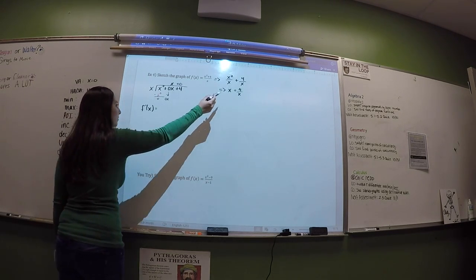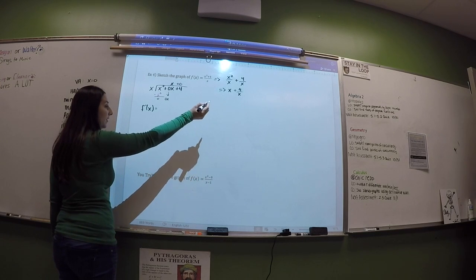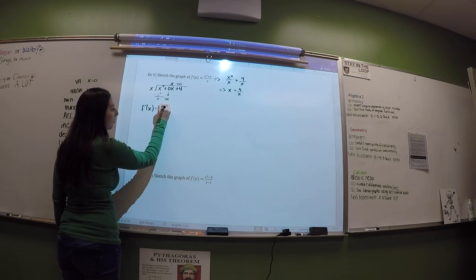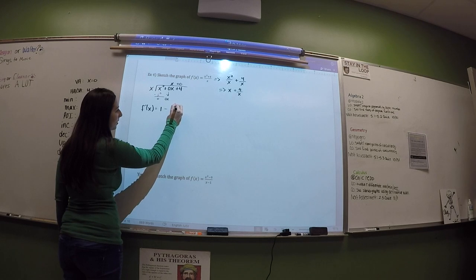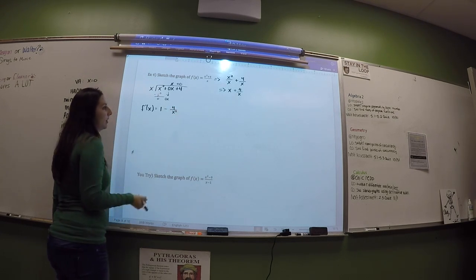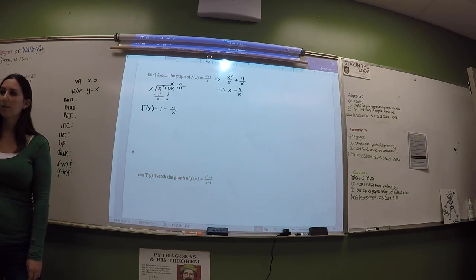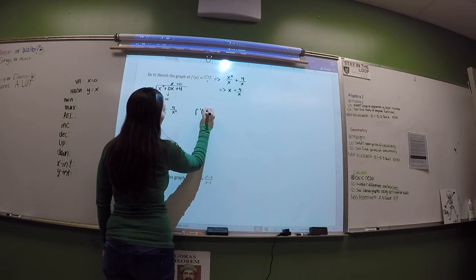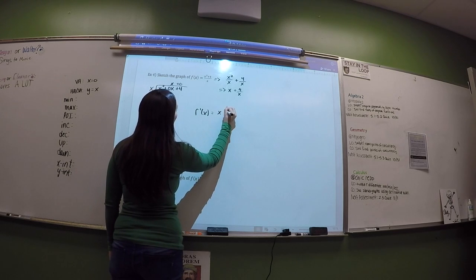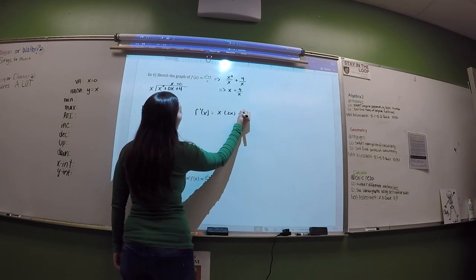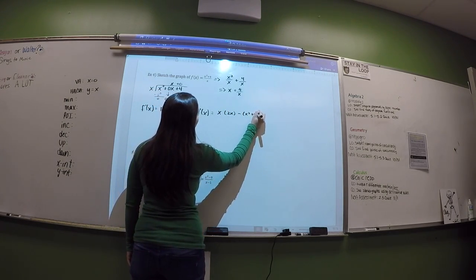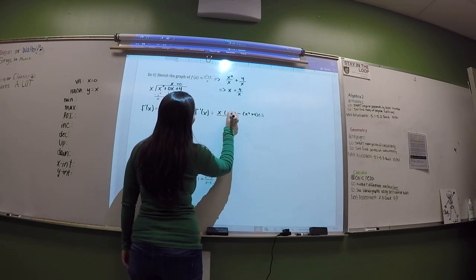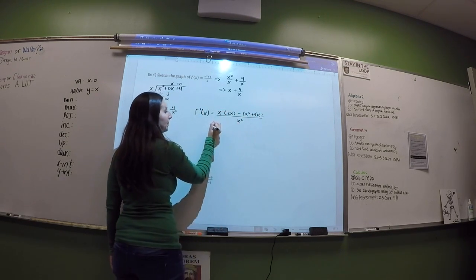If you simplify first and then take the derivative, you should get 1 minus 4 over x squared. And if you use the quotient rule, you do low d high minus high d low all over low low.